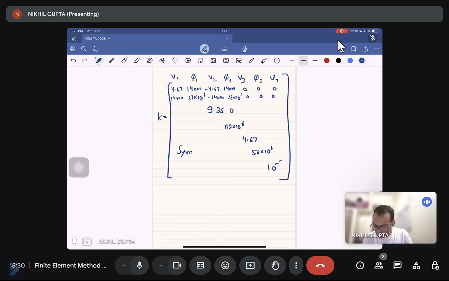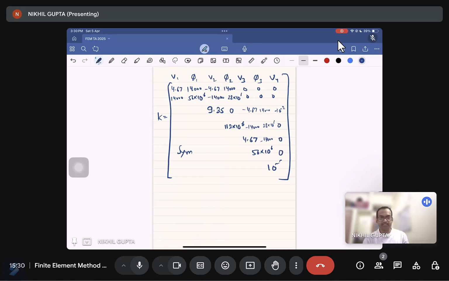So this will be 0. This is minus 4.67, and minus 14,000, then 14,000, then minus 10 power minus 2, and 0. This is 28 into 10 power minus 6, then minus 14,000, and 0, 0.